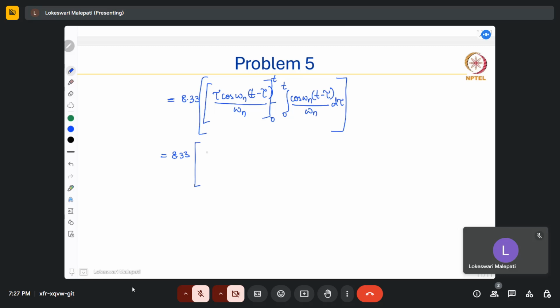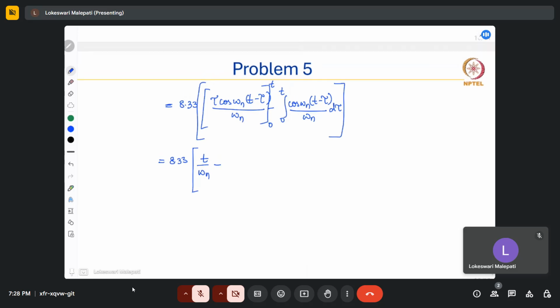So if you apply the limits, we get t by omega n minus, so here we have plus sine omega n (t minus tau) by omega n square between the limits 0 to t.